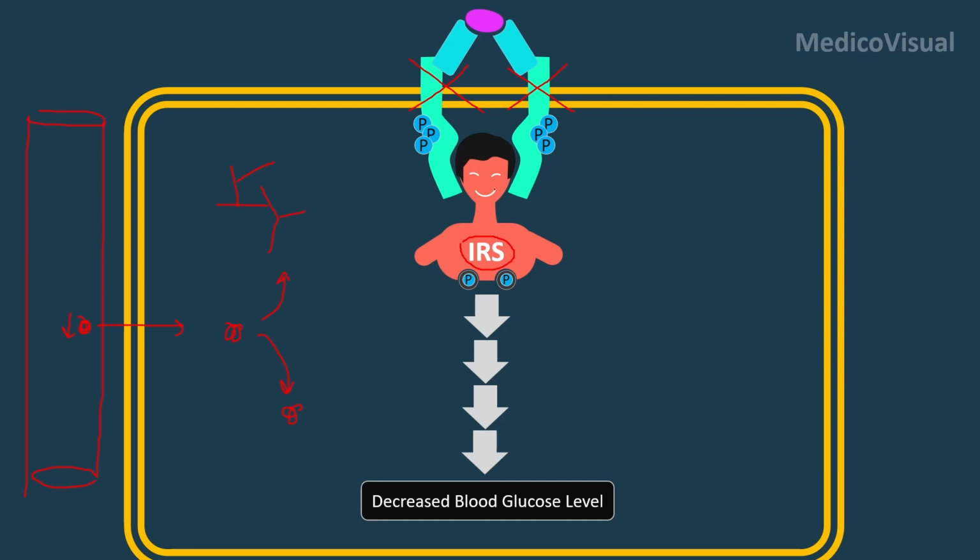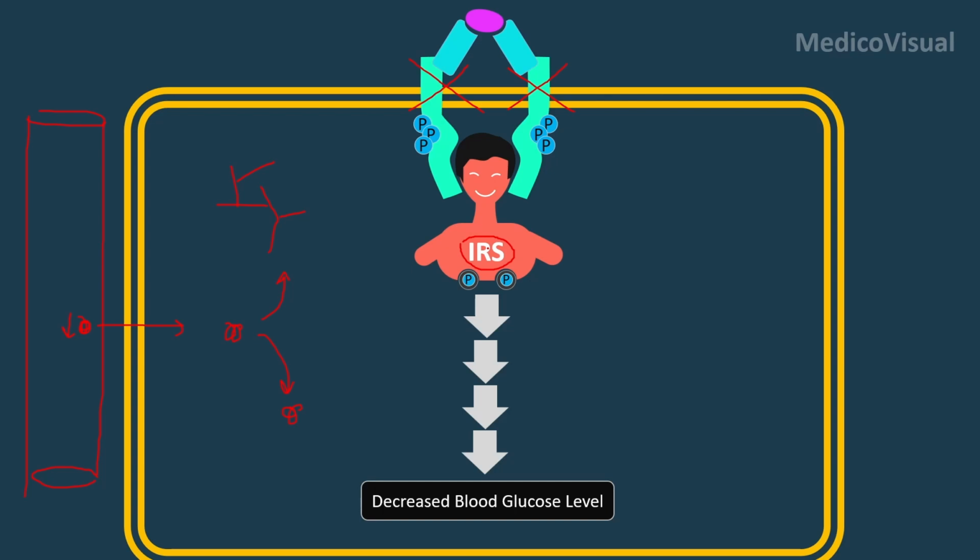Similarly, the post-receptor components, the components that come after the receptor in that series of events, if those components are faulty, or something is done to those components in such a way that they become less efficient, that might lead to insulin resistance.